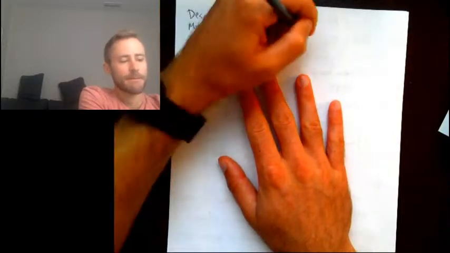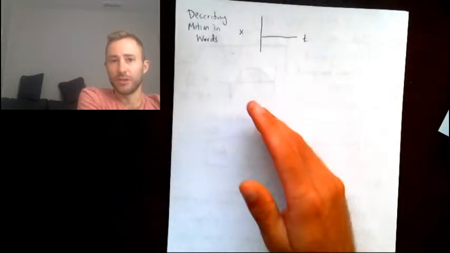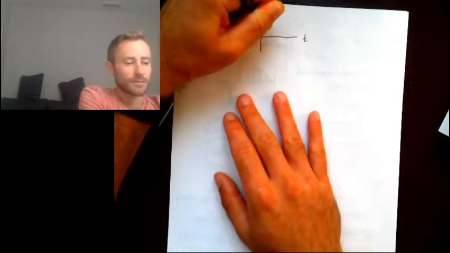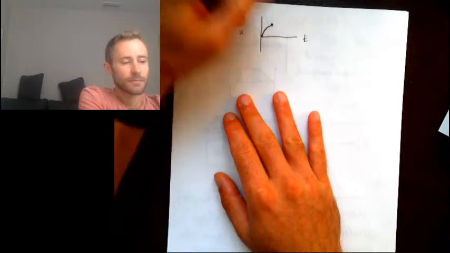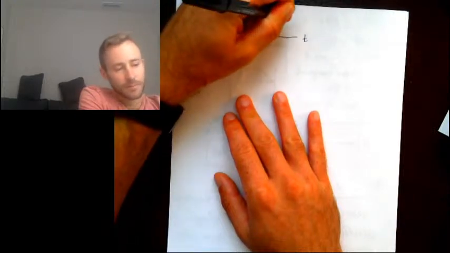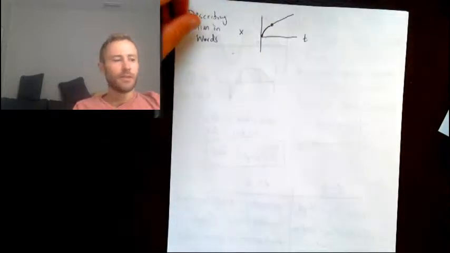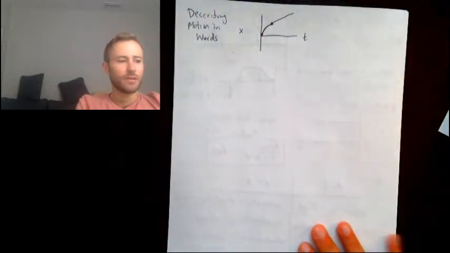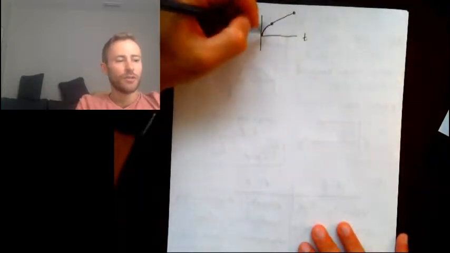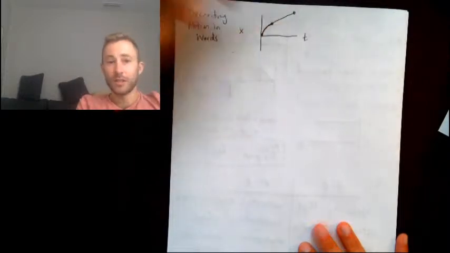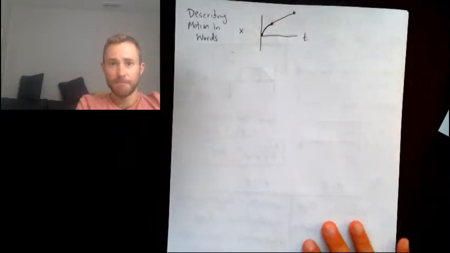This is a position time graph, and what if it looks like this? So it has two segments. It has a bendy segment, and then it has a linear segment. Okay.